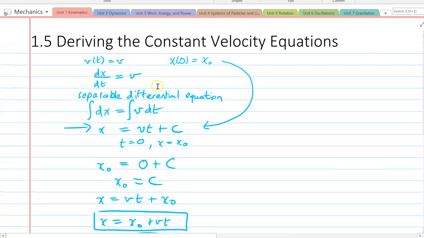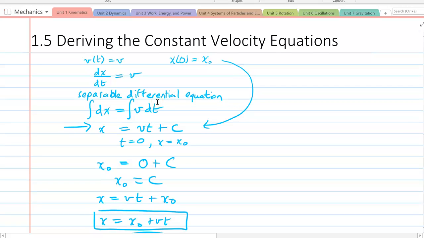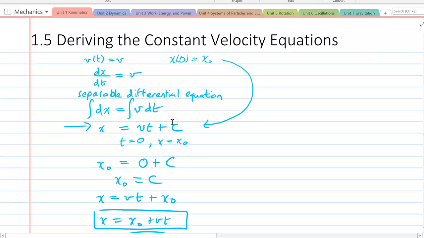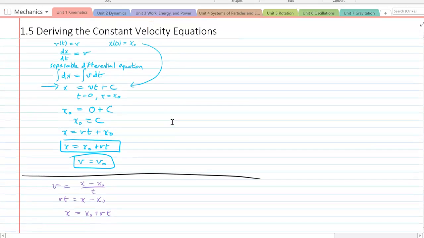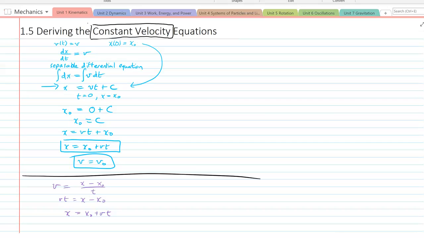And this is the idea of what we're going to do when we're deriving a new set of equations called the constant acceleration equations. One important note: this is all about constant velocity equations. In future problems and examples, we're going to be mostly focused on constant acceleration equations.